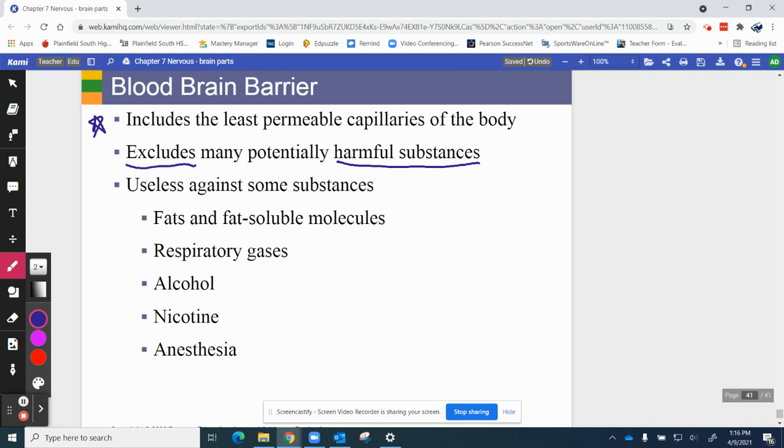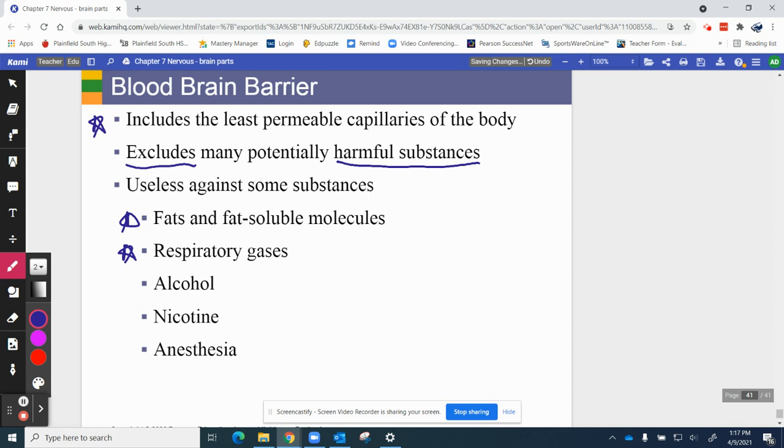But it will not keep out some substances. So these list of 5 substances right here can cross this barrier. All right, so anything that's fat soluble or fat itself, that's why it's really bad to take high amounts of fat soluble vitamins. Vitamins like E and K and things like that, if you take too many of those, they can build up in the brain.